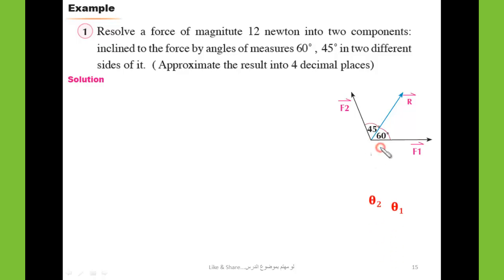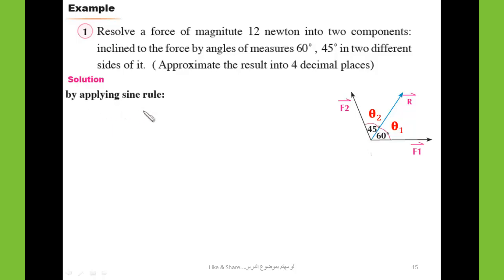So we consider 60 degrees is theta 1 and theta 2 is 45 degrees. Applying the rule, F1 over sine theta 2 equals F2 over sine theta 1 equals R over sine (45 plus 60), as follows.